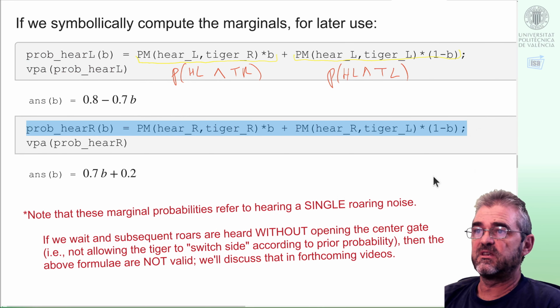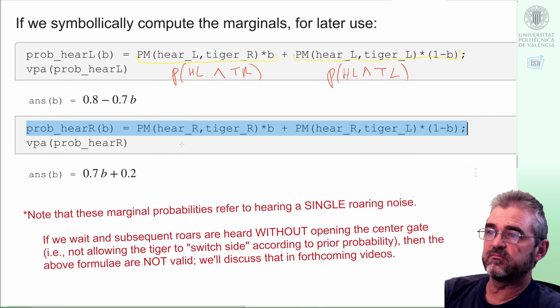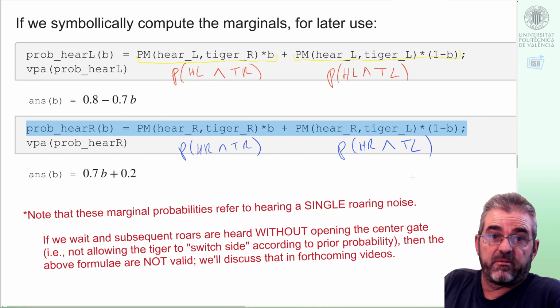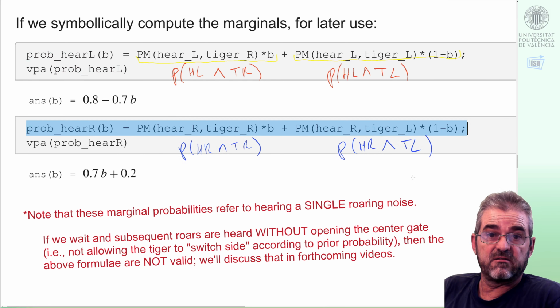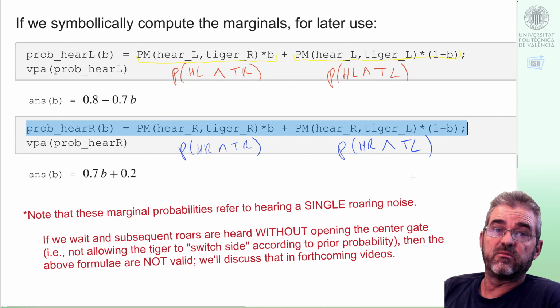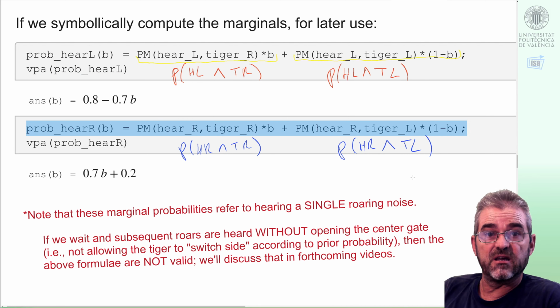Likewise, this line will compute the sum of the probabilities of the hear right and tiger right event plus the hear right and tiger left event, and then this will be the marginal probability of hearing some roaring noise at the right-hand side door.